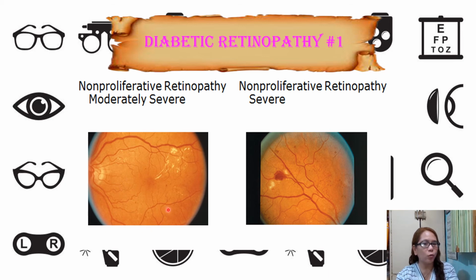Kailangan natin i-focus. But this is visible using the microscope. While for the severe, okay, you can observe here in the superior temporal quadrant of the retina, di ba, kitang-kita yung large retinal hemorrhage between the two cotton wool patches. Okay. Nakita mo rin yung mga tortuous blood vessels.